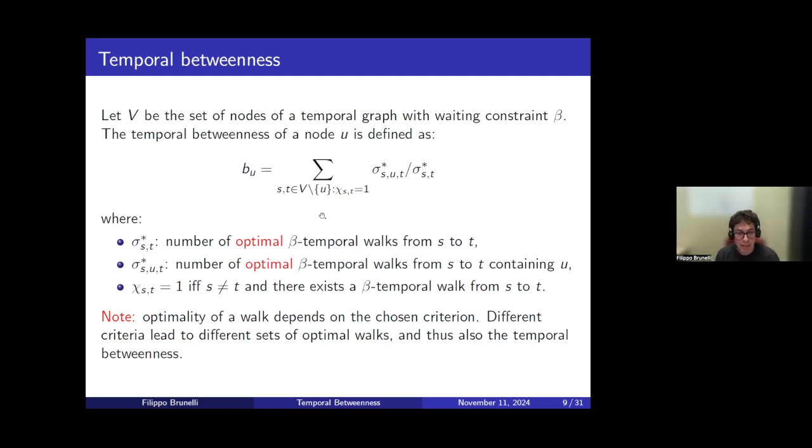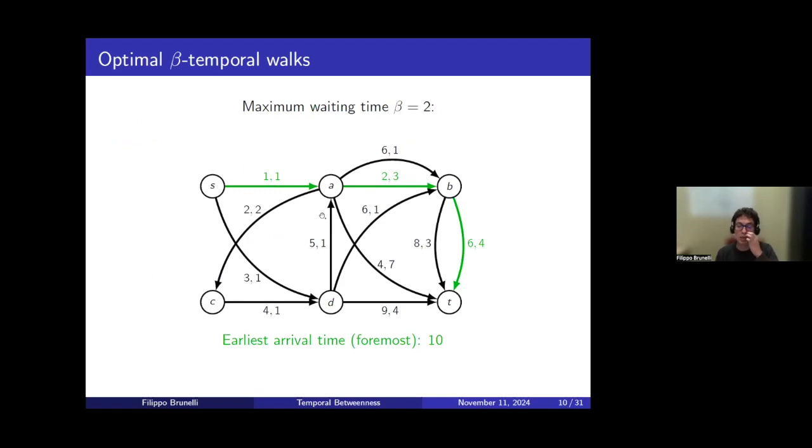So let's see some examples of different optimality criteria. Here, for example, one is called sometimes in the literature foremost, which means that we want to minimize the arrival time of the path. And here, for example, among all the paths from S to T, this one in green is the one that has the minimum arrival time, which is 10 at the target.